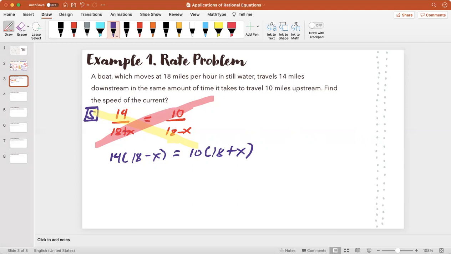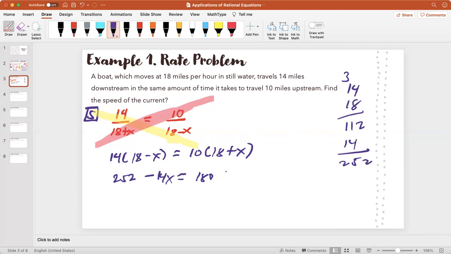So 14 times 18, what's 14 times 18? Let's multiply that. This is 252. So this is 252 minus 14x. And 10 times 18 is 180 plus 10x. Combining like terms, let's get 10x to the left side.